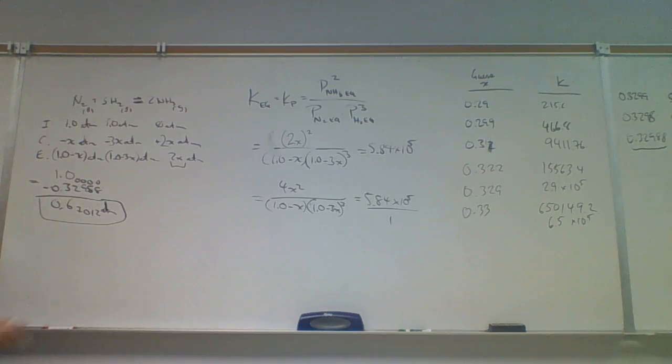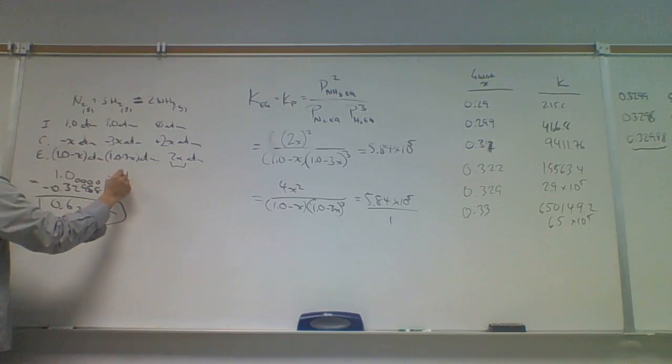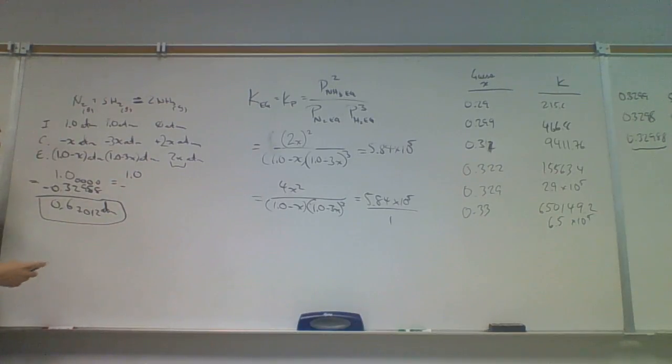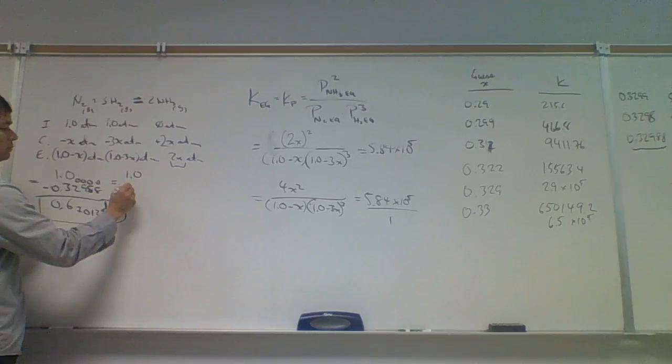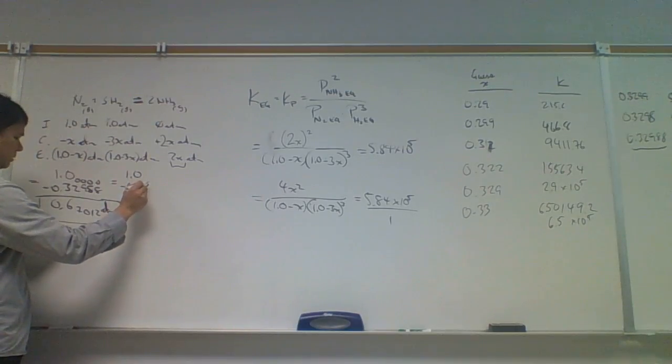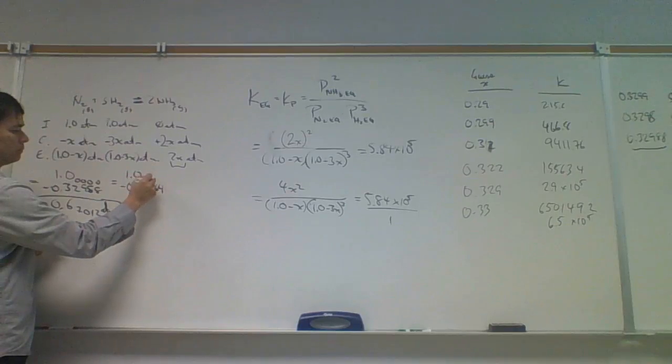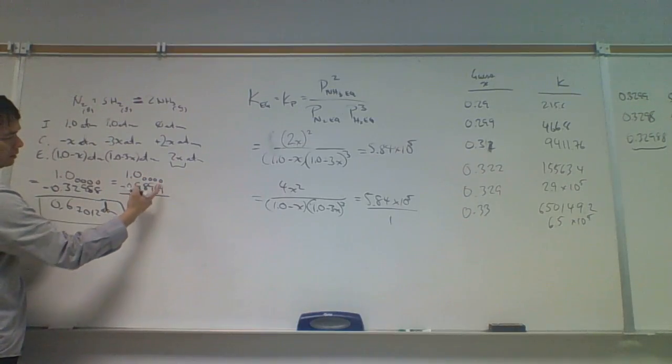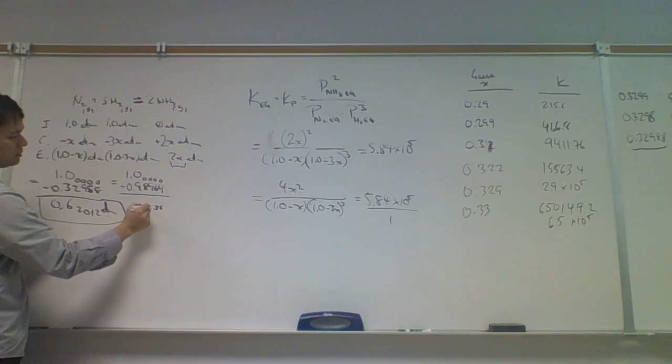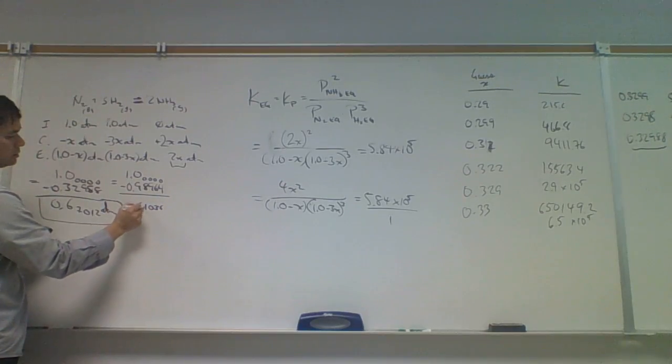All right, the hydrogen is going to be 1.0 minus 3 times 0.32988. 3 times 0.32988 is 0.98964, and so this is 0.01036.